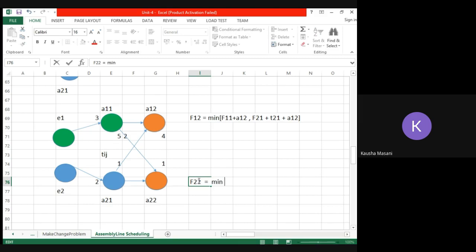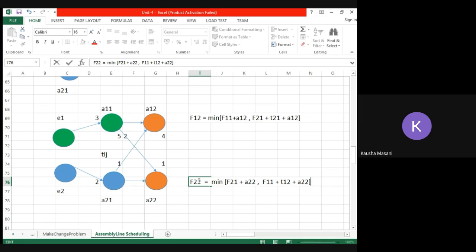If I'm maintaining the same line as line 2, it is given by F21 plus A22, or if I'm changing the line, it will be F11 plus time taken to change the line, so T12 plus the job done at that station, so A22.